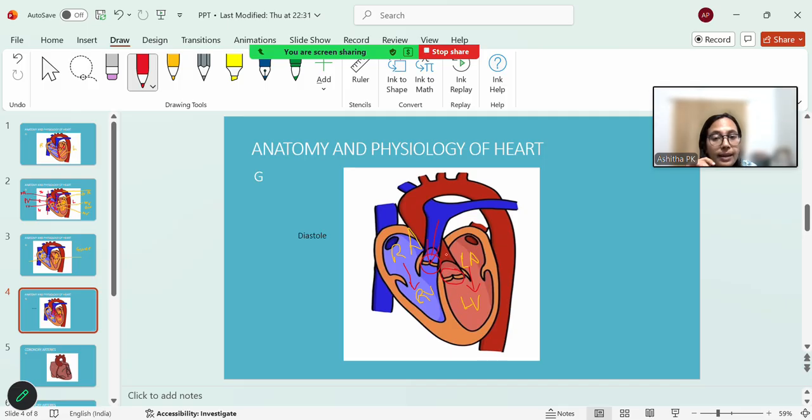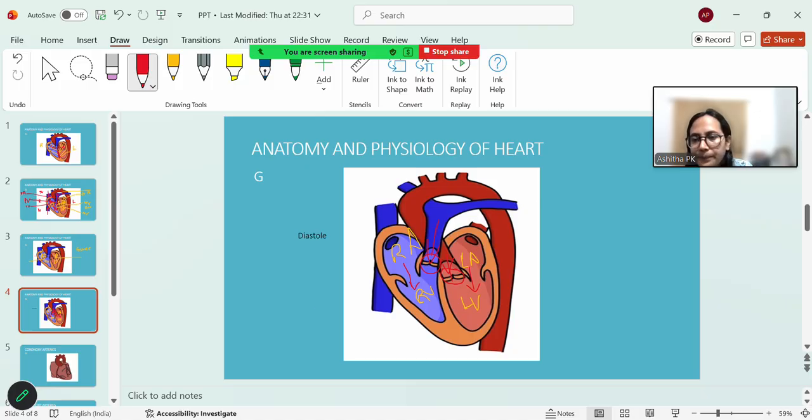Otherwise the heart will not function properly. This is how diastole and systole happen.